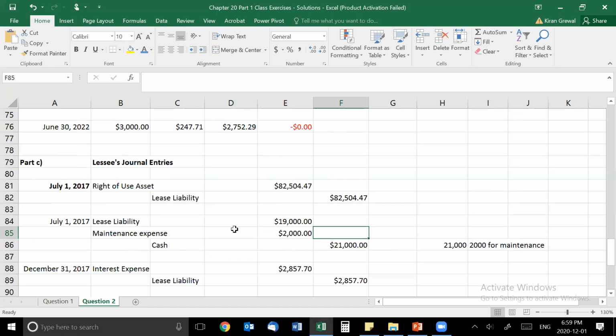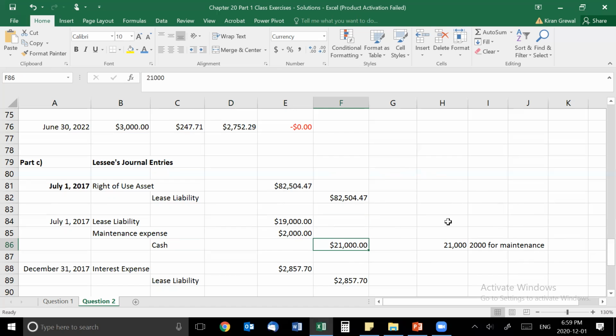Okay, so if your lease amount includes any maintenance or insurance or anything like that, you're going to take that amount out when figuring out your PMT and your present value calculation. But when you're doing your journal entry, you have to pay the total amount of cash. So you're going to split it up between the minimum lease payment and then whatever the expense is. Okay, so that's what you'd have to do if you had some extra costs.